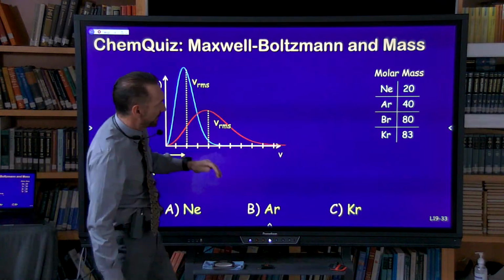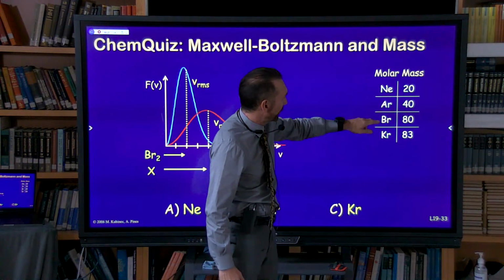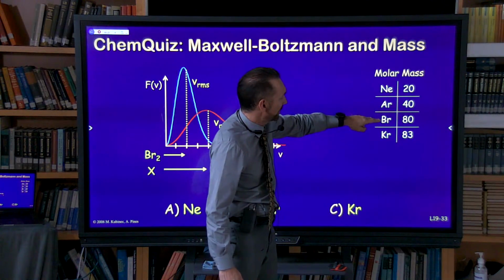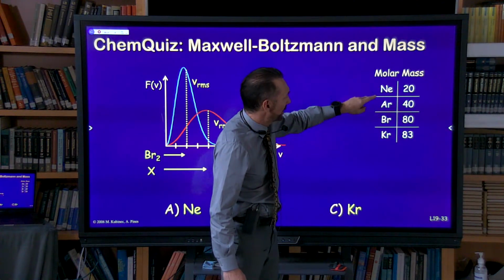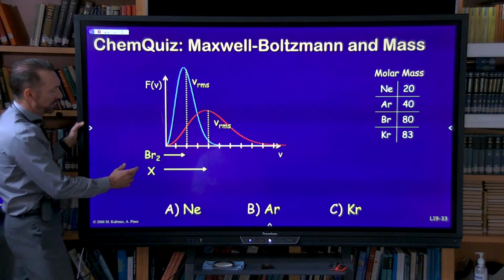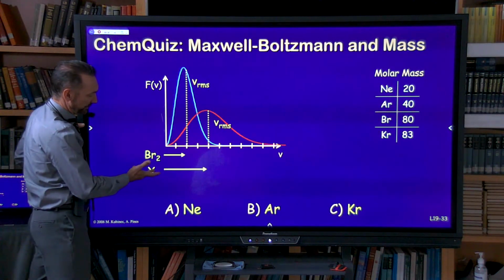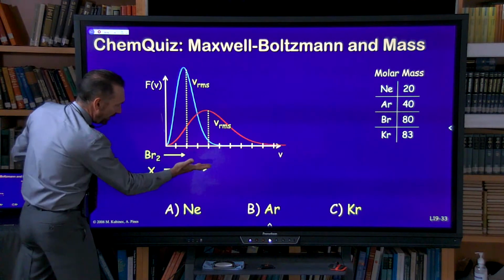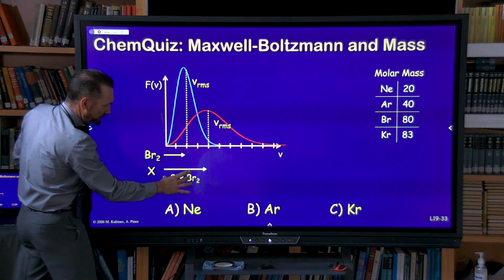Bromine makes diatomic molecules, but neon and argon are the noble gases, and they are atoms. Those don't pair up as molecules, as we know from our molecular orbital theory. So this is a factor of 2.